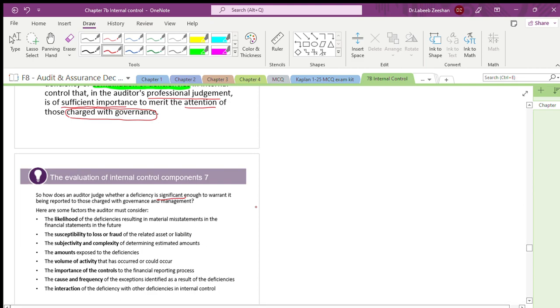On what basis do you communicate to the people charged with governance? It is your judgment. When you say it is a significant deficiency, these are the points: 1, 2, 3, 4, 5, 6, 7, 8.